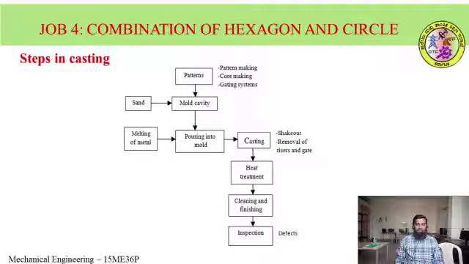Casting can have defects like blowholes, hot tears, cracks and so on, that have to be inspected. These are all the steps involved in the casting process. Here in this experiment, we are going to prepare the molding sand and mold cavity with the help of hand tools.